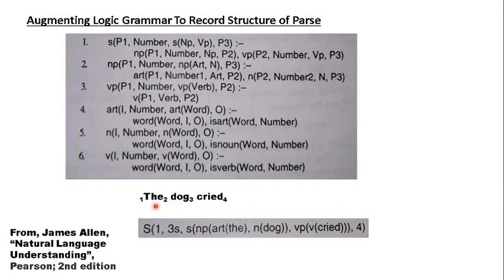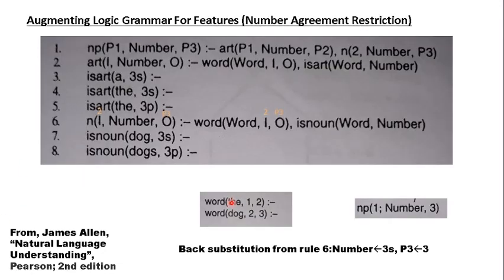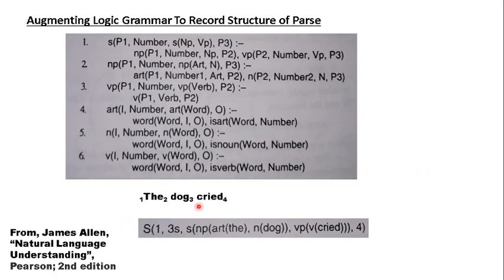So as usual, when we convert the sentence into the predicate logic form, we will have forms like this: word the from 1 to 2, then dog from 2 to 3, and cried from 3 to 4. So when it is converted to predicate logic form, when we start with this right part, what happens is this "the" will be unified with word, and the positional arguments will be unified respectively.